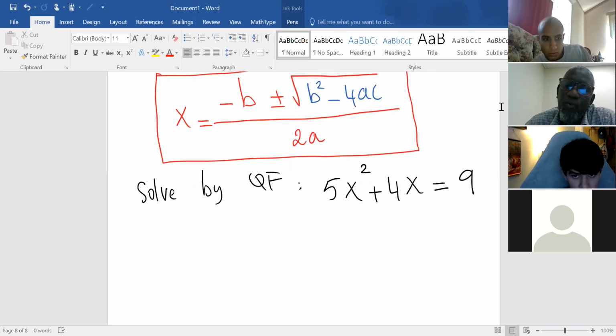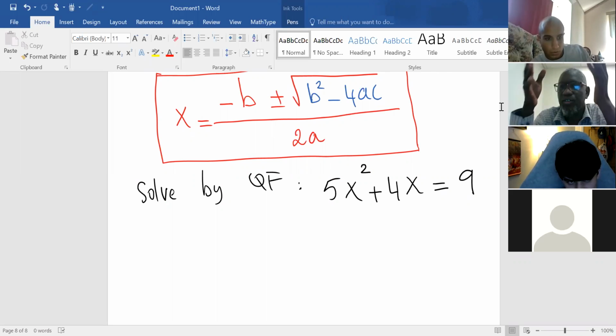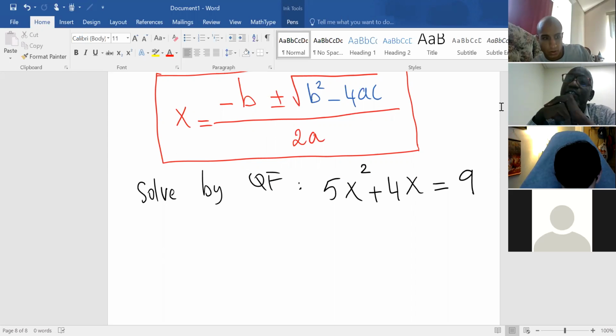What do we have to have on one side? 0. Exactly. Which side do we have to have 0 on? Is that important? No, it's not. It doesn't matter which side you have 0 on, but you have to have 0 on one side.